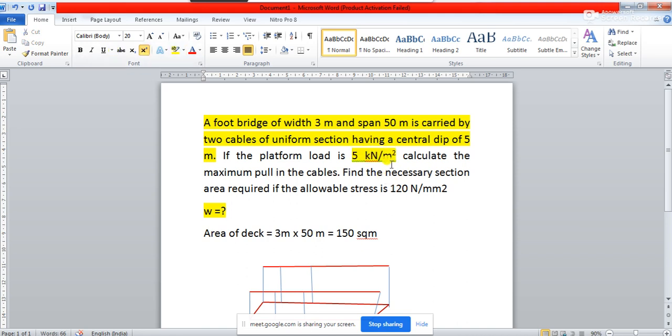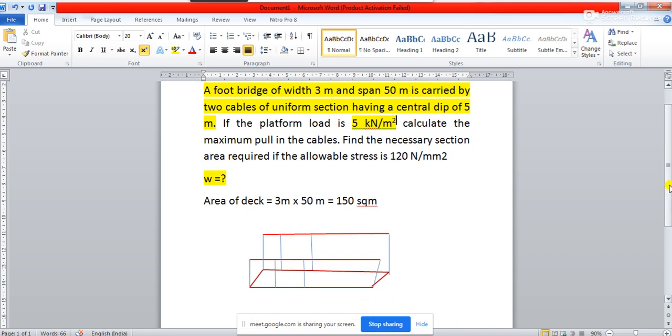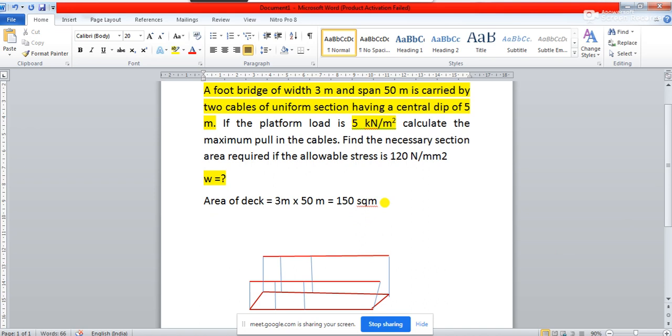So how much will be the total load on the platform? Area of the deck is 150 square meter, and the deck is basically the platform. So the total load from the platform will be how much? This is square meter and this is kilonewton per meter square. So per meter square area, the amount of load on the platform is given. So what you will do?